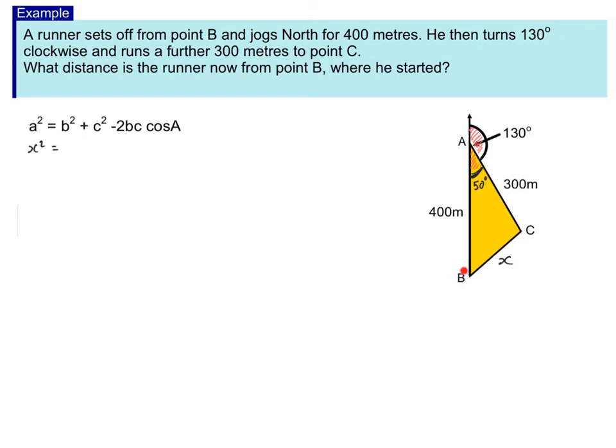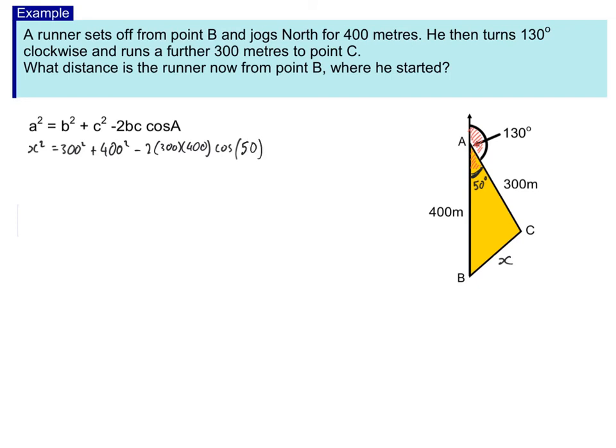So if this is capital B, this is lowercase b. 300 squared plus 400 squared minus 2 times b times c, so 2 times those two sides multiplied together, times the cosine of A. Now remember, if this is the side we are working with, this is the angle we're using, so it's 50 degrees.